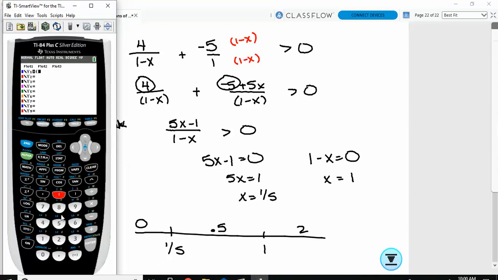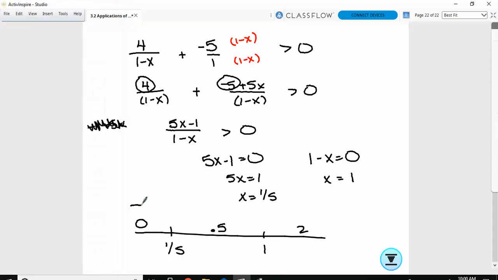Or you can look at your graph. So we can see this graph starts below the axis, then it goes above, and then below.